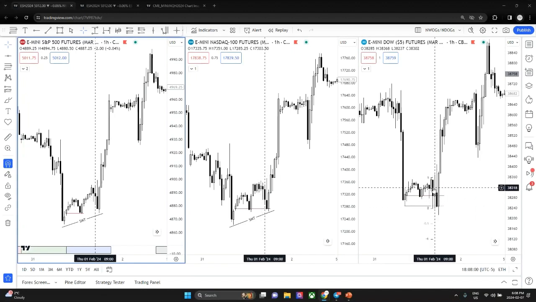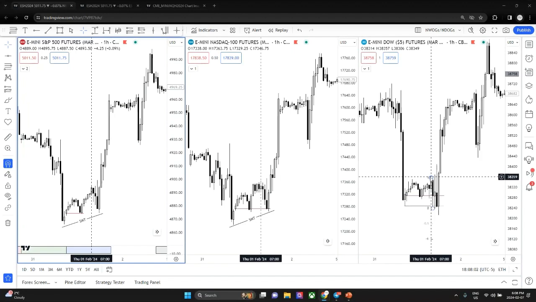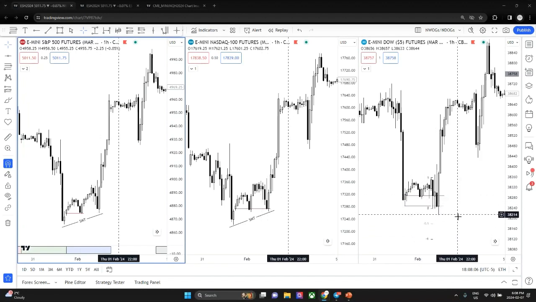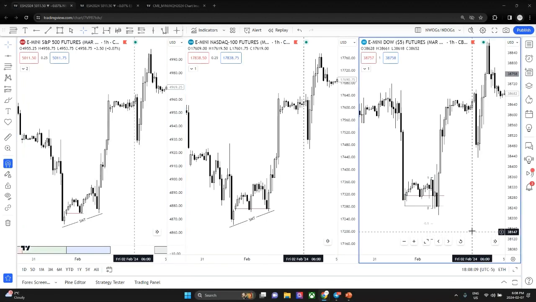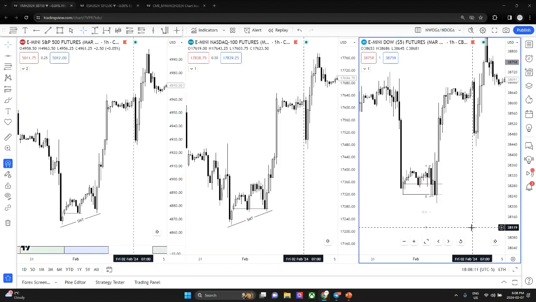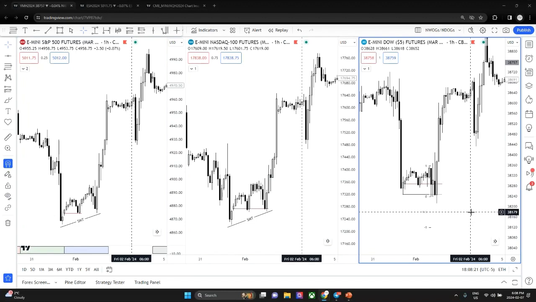So this swing high and this swing low, you draw your fibs, and where you get one standard deviation is where I place my stop loss, as I'll explain to you guys in a few minutes. If you're cheeky enough, you can use 0.5, if you really want a tight stop loss.